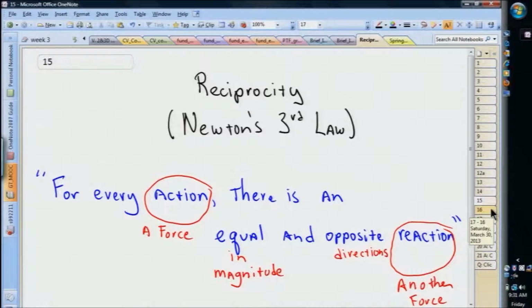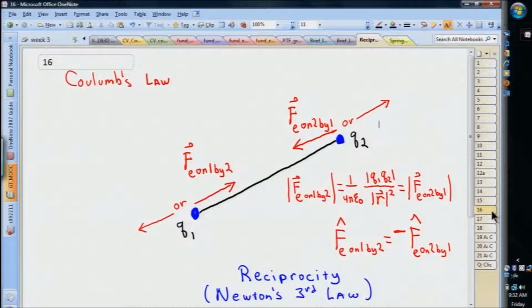Now, gravitational interactions are not alone in exhibiting reciprocity. The electric force, or more properly, the electrostatic force, which we discussed earlier, which is described by Coulomb's law, also exhibits reciprocity.